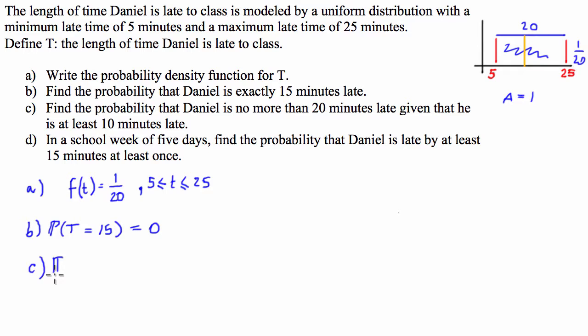So the probability that Daniel is no more than 20 minutes late, so T is less than 20, given that he is at least 10 minutes late, given that T is greater than 10. All right.